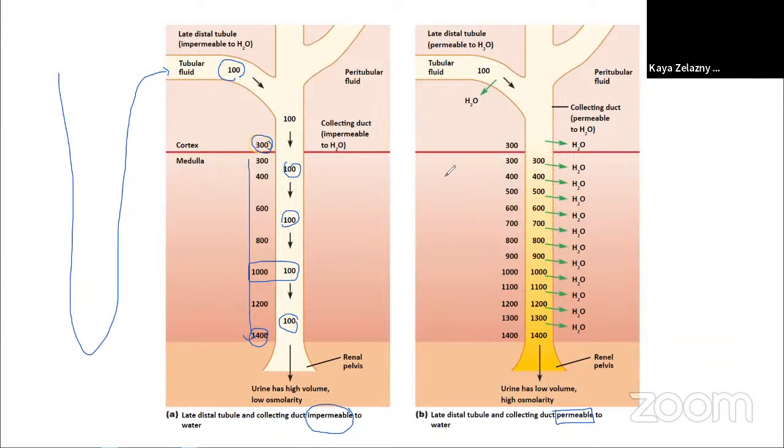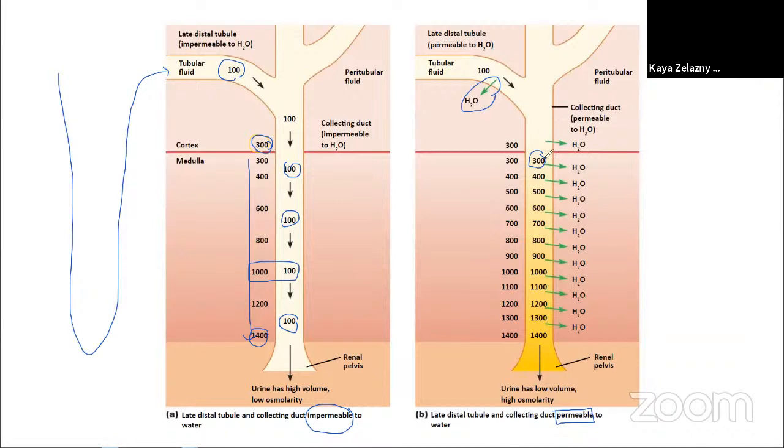Because we have aquaporins on both sides of our membrane, we are able to move water all the way across from the tubular fluid, which has a lower osmolarity, to the higher osmolarity in the cortex. Remember, as osmolarity goes up, that indicates a higher concentration of solutes, which exert a pull on water to dilute them. So we see movement from the tubular fluid in the distal tubule to the cortex, and that increased the osmolarity of the tubular fluid a bit.